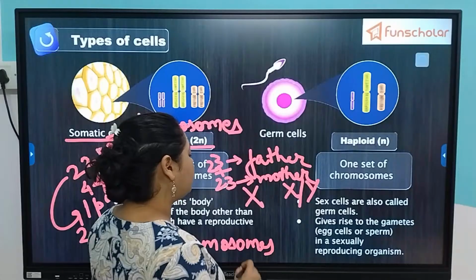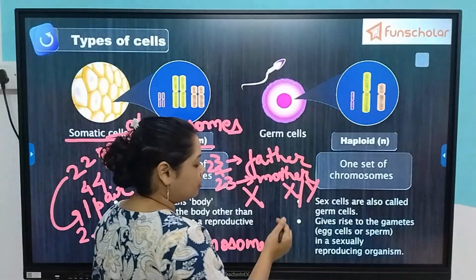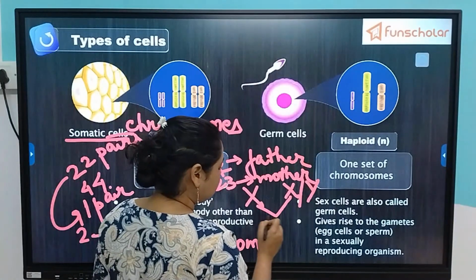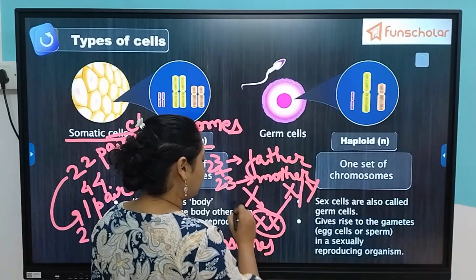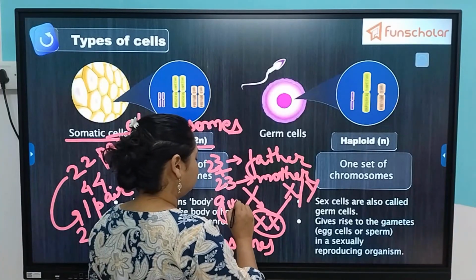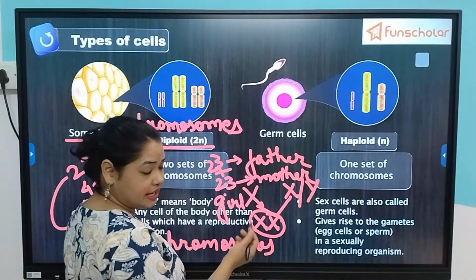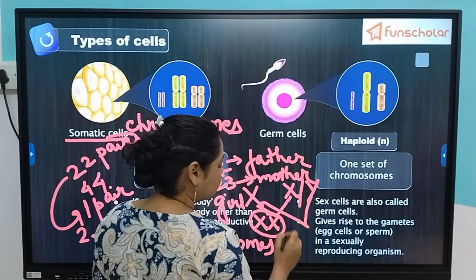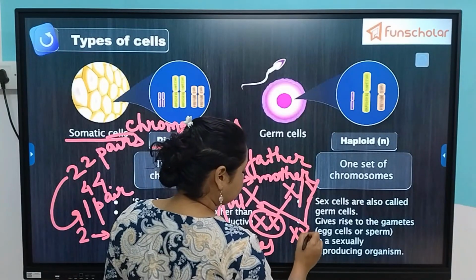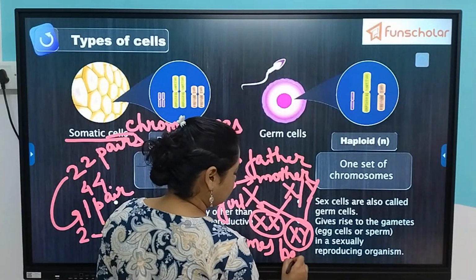Now, if the ovum containing X combines with a sperm containing X, we get the combination XX, and the child born will be a girl. On the other hand, when the ovum containing the X chromosome combines with the sperm containing the Y chromosome, the combination is XY, and the child born will be a boy, or a male child.